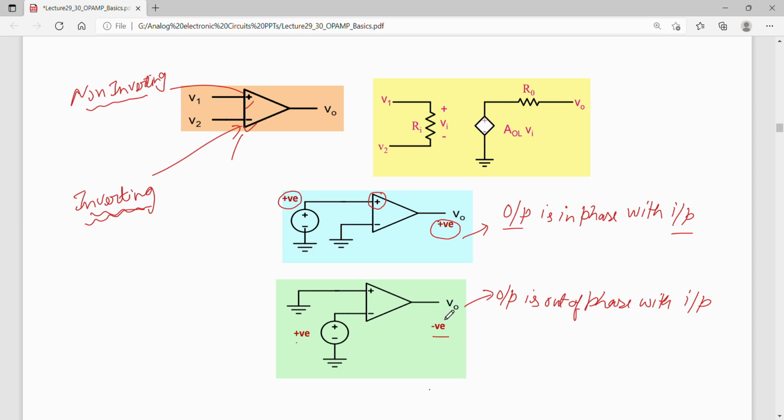The output may have a different, larger magnitude, but it will be out of phase with the input. So to represent out of phase, we use negative over here at the output.